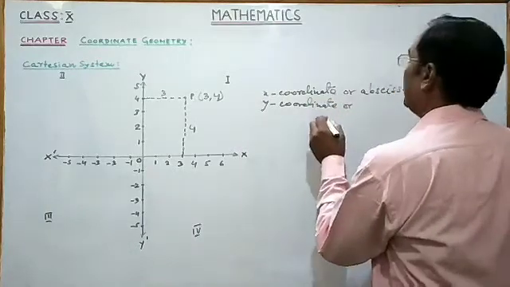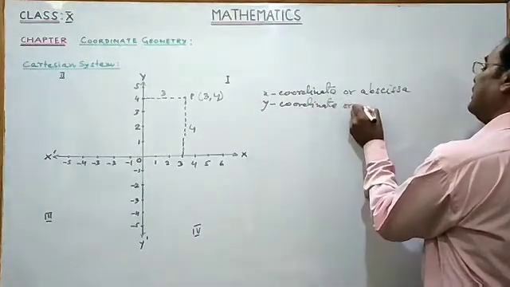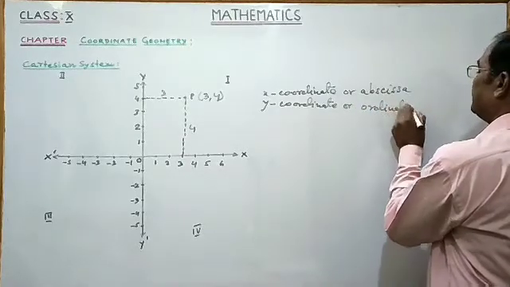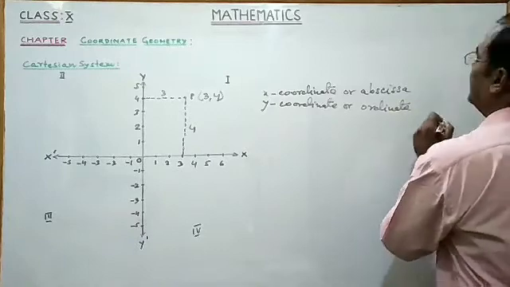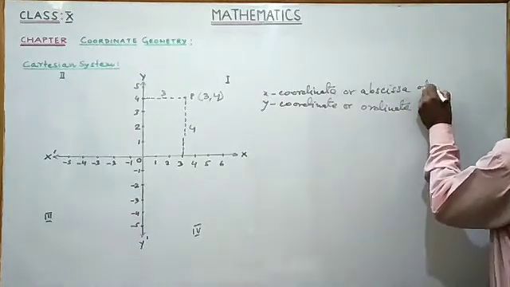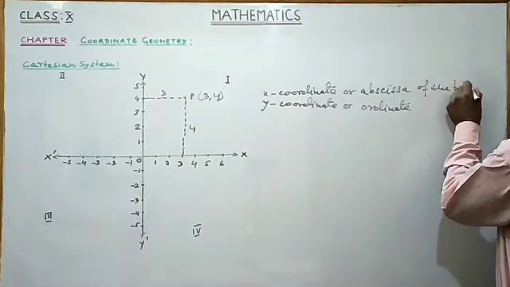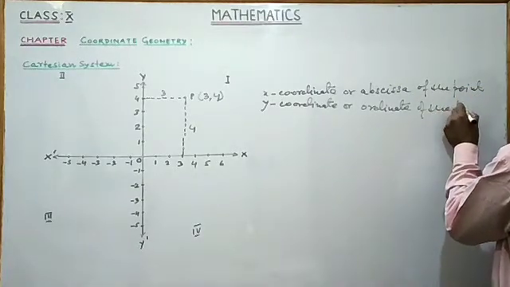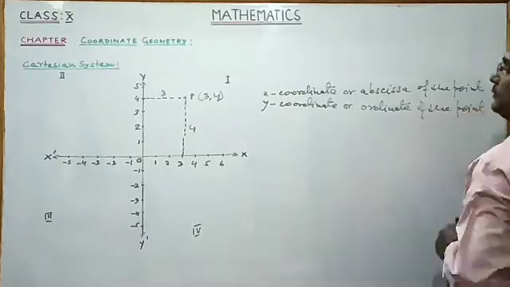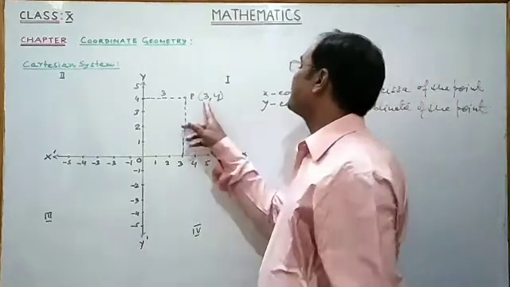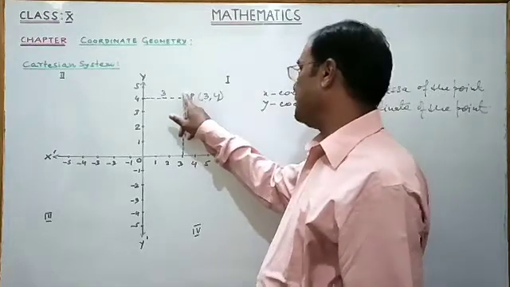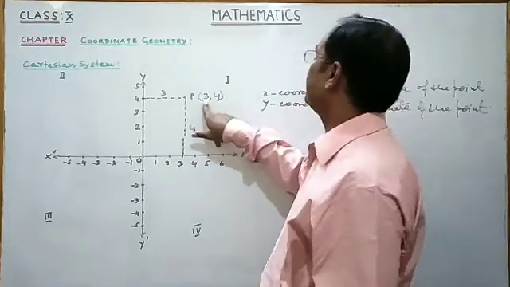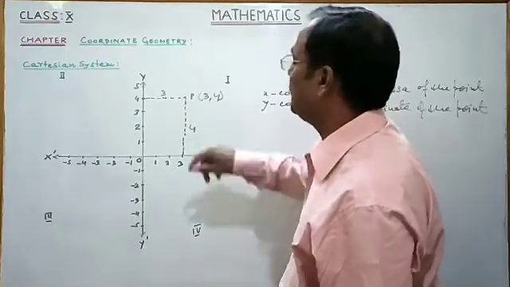It is also called the ordinate of the point. So this 3 is the x coordinate of the point P, 4 is the y coordinate of the point P, or 3 is the abscissa and 4 is the ordinate of the point P.